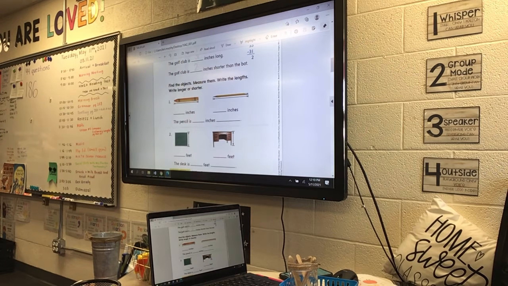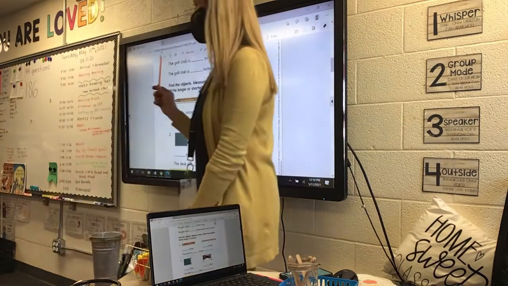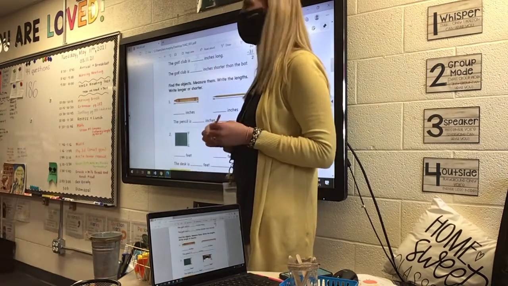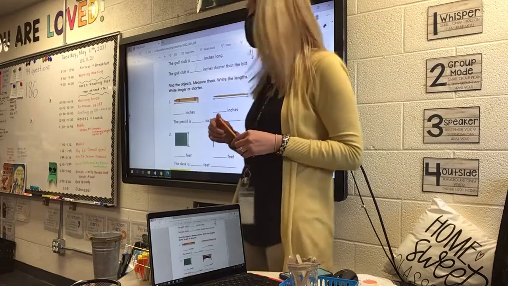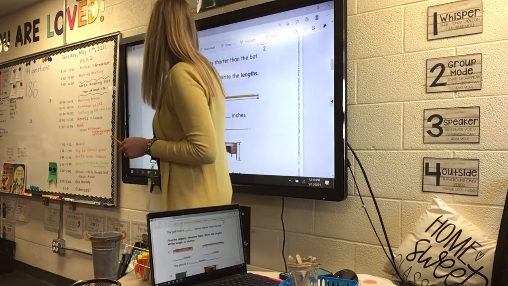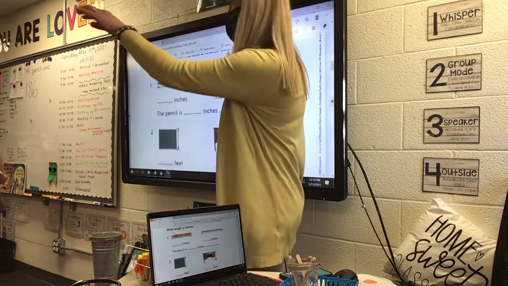Is that okay, Charlotte? Because you have a brand new pencil. Okay, so you have a brand new crayon and a brand new pencil. All right, Kinsley, since we're borrowing your crayon, would you bring up your ruler? Okay, so Kinsley's going to measure her crayon. And Charlotte, will you measure your pencil?